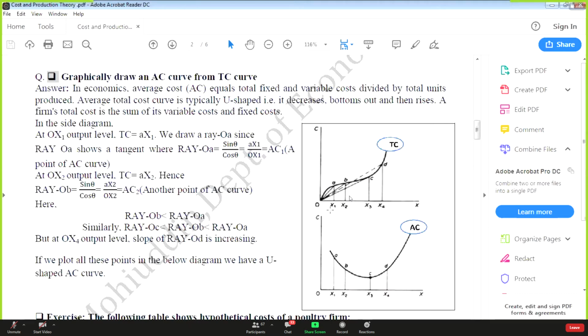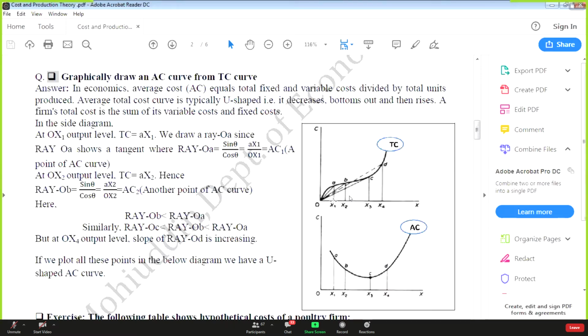If it is a total cost diagram, this diagram will show you the amount of total cost. Now, when the level of output is OX1, the amount of total cost is AX1.